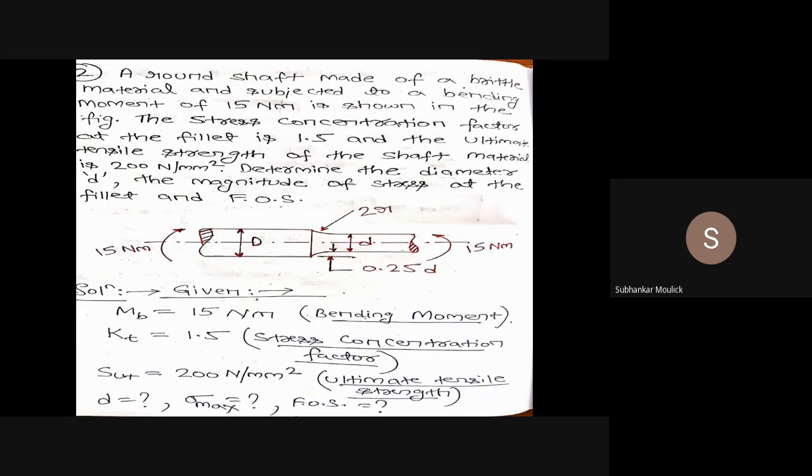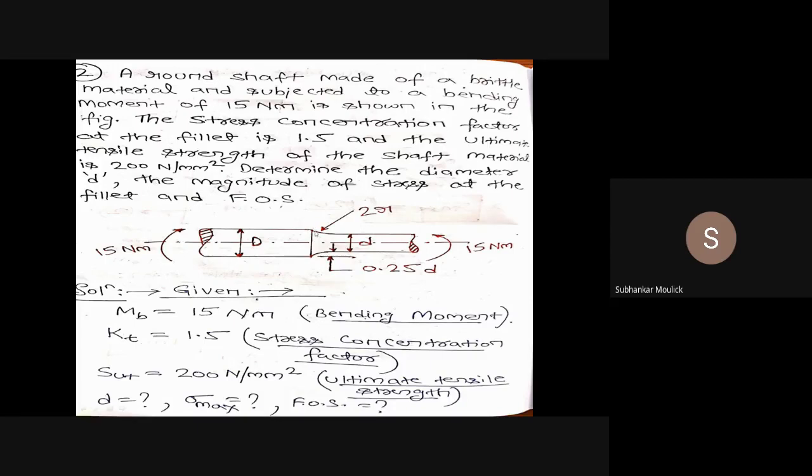Read the problem. A round shaft made up of brittle material and subjected to a bending moment of 15 Newton meter is shown in the figure. The stress concentration factor at the fillet is 1.5. That means this is the fillet.